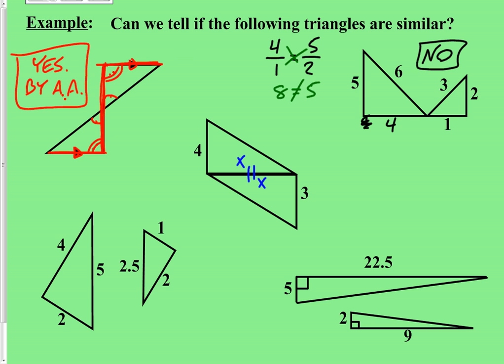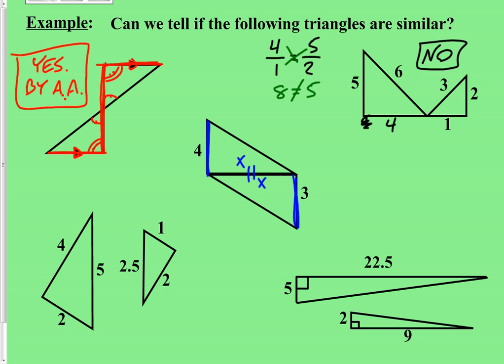We can look for some angle information. If we knew that these side lengths were parallel in the triangle, then that would allow us to use the rules of our transversal or alternate interior angles, stuff like that. But we don't know if these lines are parallel or not. So I don't see any way that we can come up with any other side information.